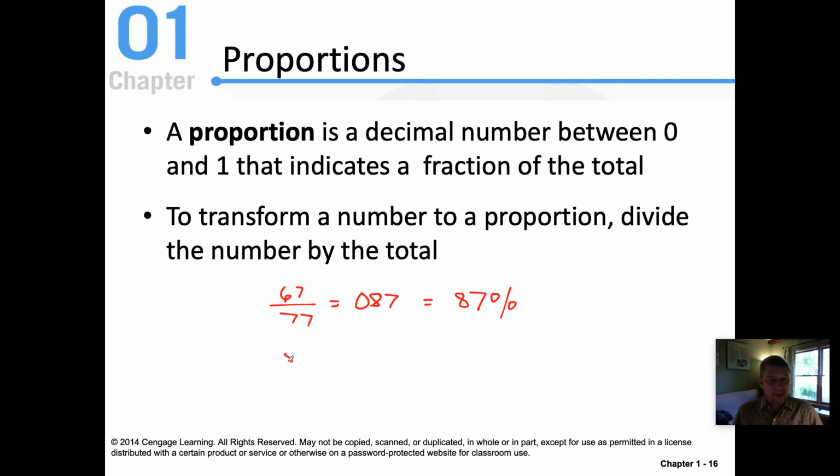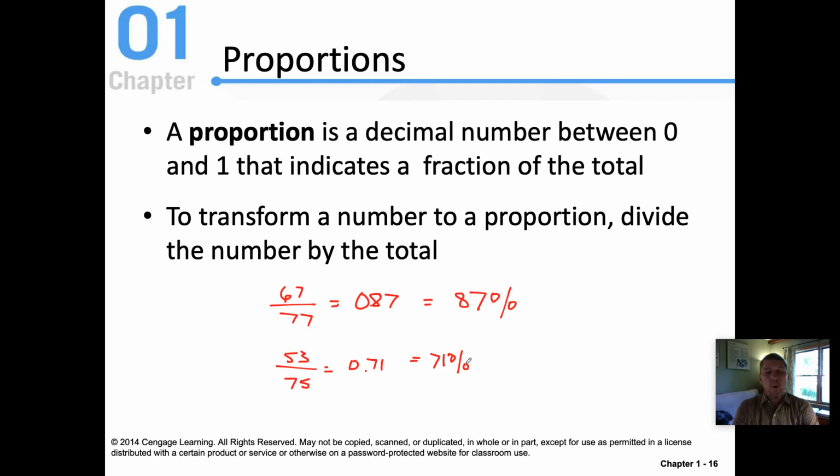Let's say you had 53 out of 75. Well, in that case, 53 divided by 75 is going to give you 0.706666666667, which rounds appropriately to 0.71, which is, of course, a percentage of 71%.